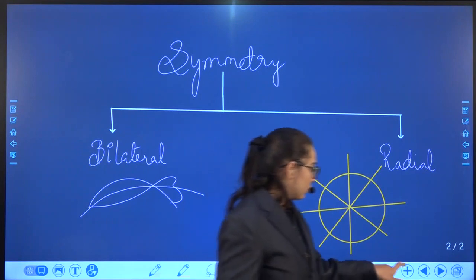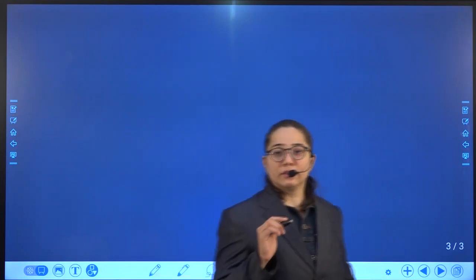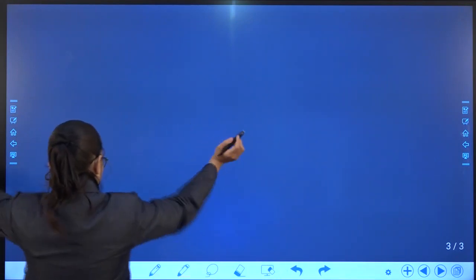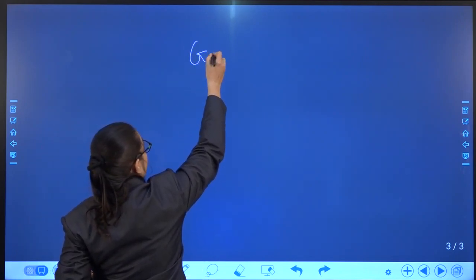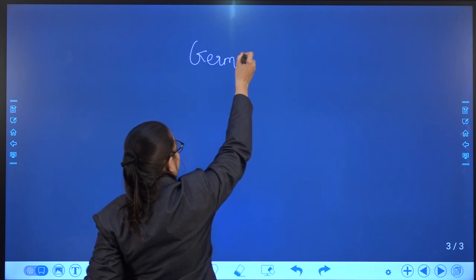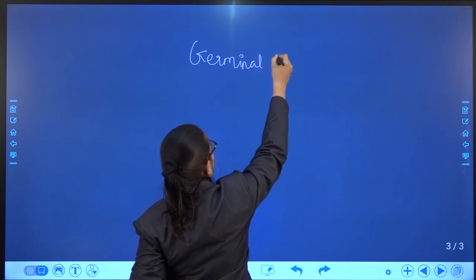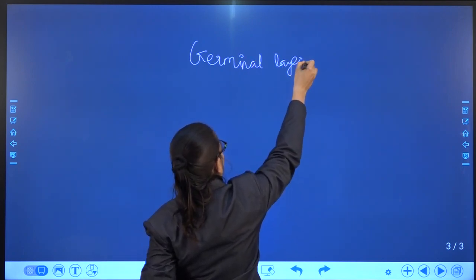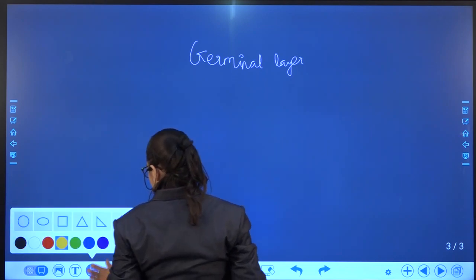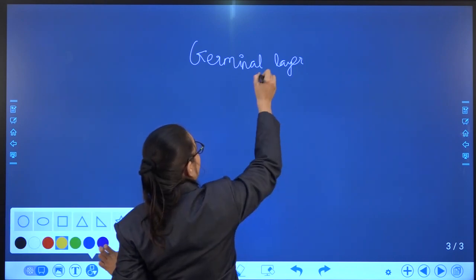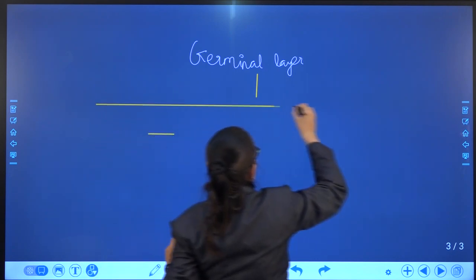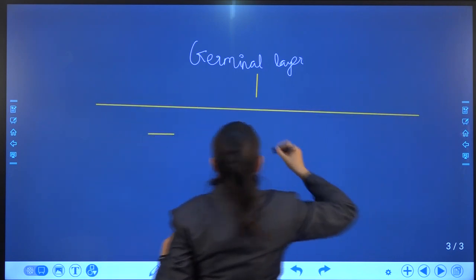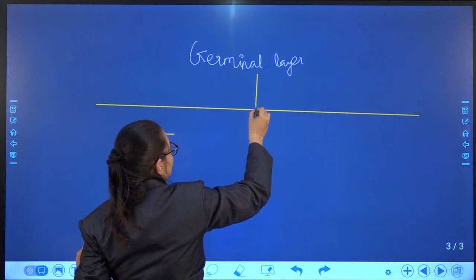Coming to the third part, that is the germinal layer. In the germinal layer, again, it's further classified into two types.